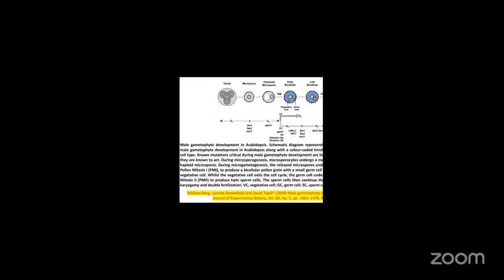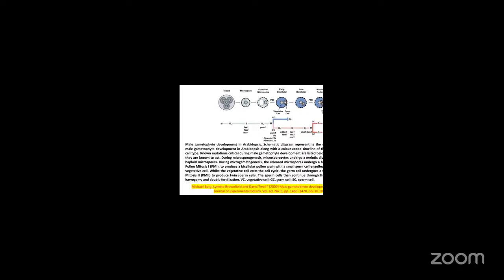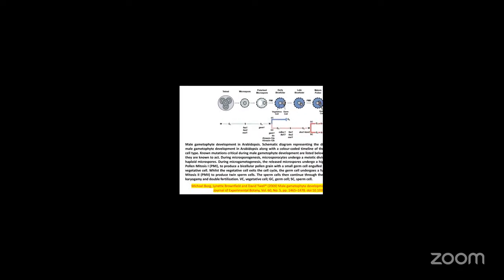Coming to pollen germination and pollen tube growth. First, sticking and hydration. Pollen grains are transported to the stigma by various agents like wind, insects, water and animals.